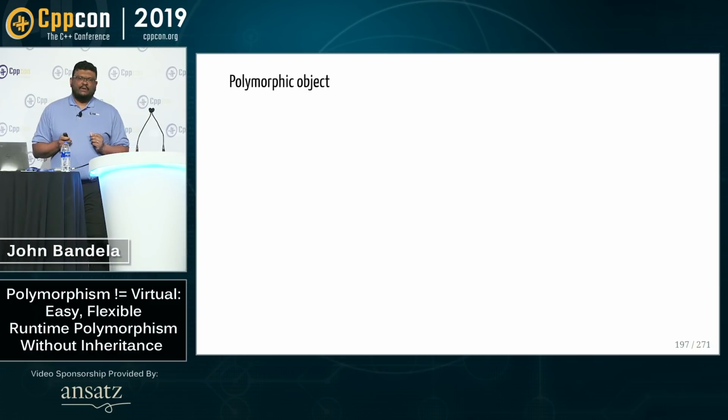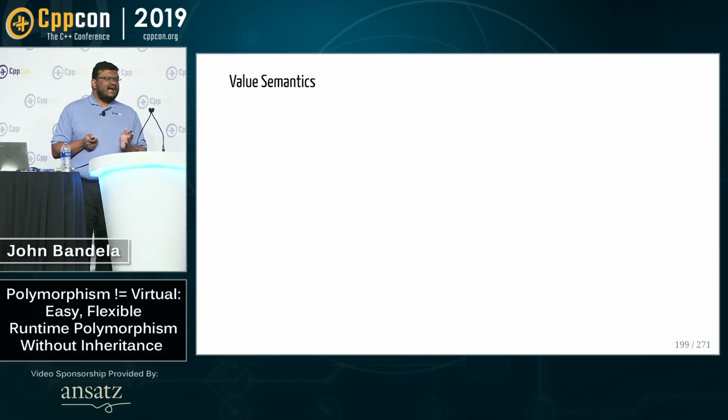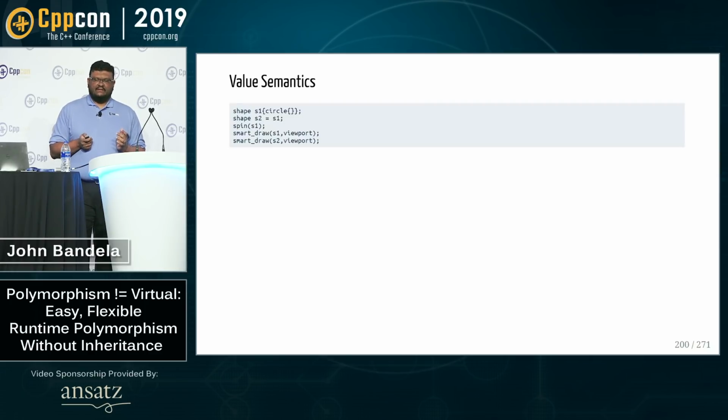Sometimes we need ownership. So let's do a polymorphic object. And that's akin to std function, right? So instead of ref, I just put object. And then I can put the draw, get bounding box, translate, and rotate. And the nice thing is, I have value semantics with that.